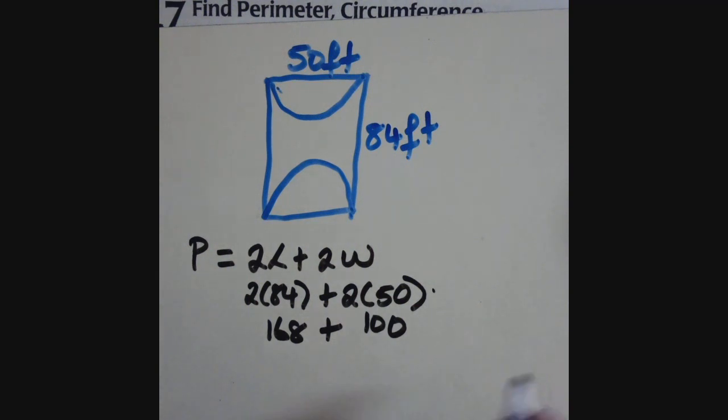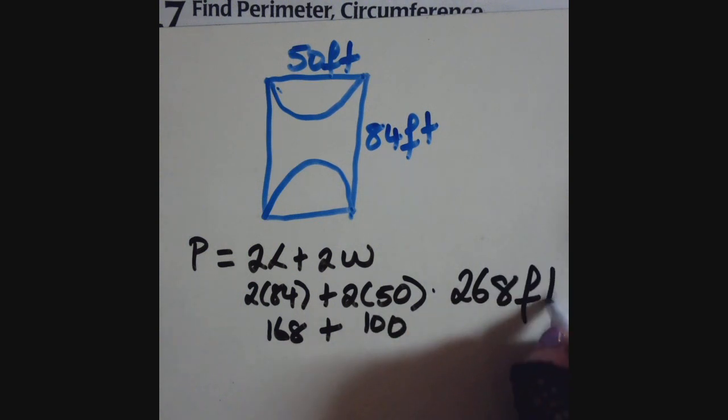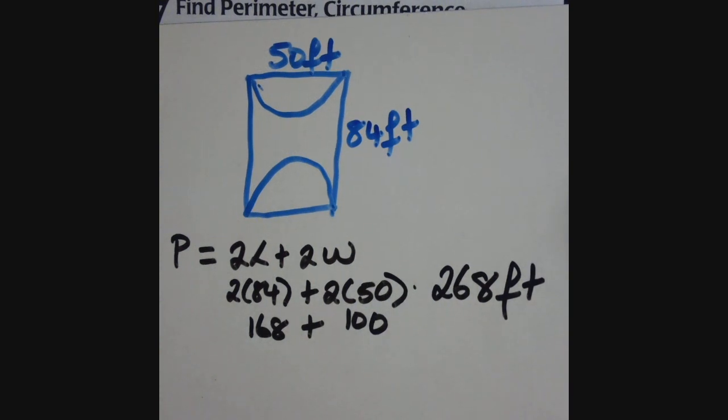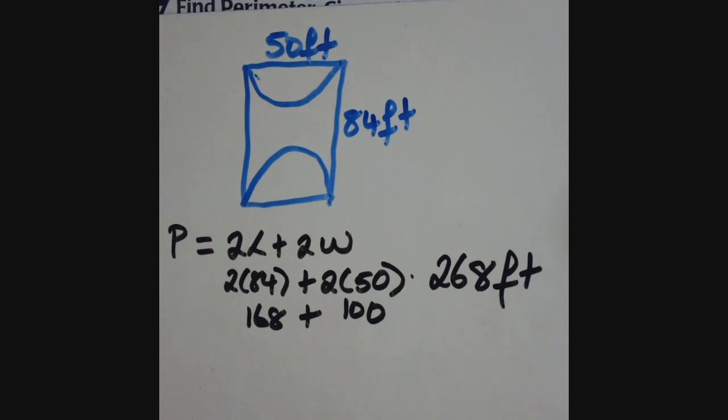So 168 plus 100 is 268. And I'm going to put the units, and it is one dimension, so you do not need squared. That means the perimeter of the rectangle is 268 feet.